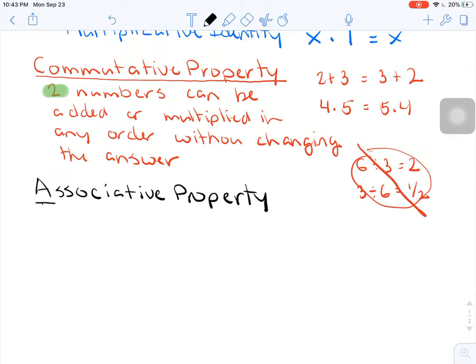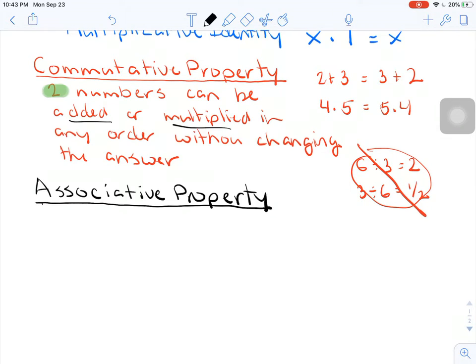The associative property says something basically the same as the commutative property, but it is used again when we're working with three or more, but usually three numbers at a time. So the associative property says that when we're adding or multiplying, just like with commutative property, we can change the order or change the way that we group the numbers when we're adding or multiplying.